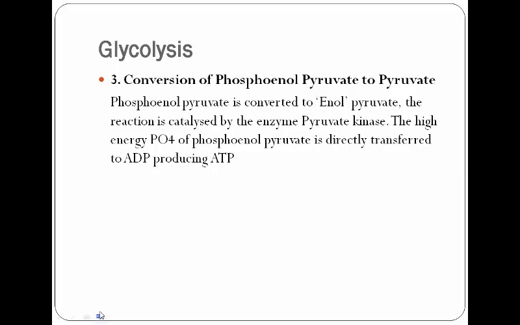Now, as I told you, it is the stage where recovery of phosphate occurs. So phosphoenolpyruvate is then converted to enolpyruvate. This reaction is catalyzed by the enzyme pyruvate kinase, and the high energy phosphate of phosphoenolpyruvate is transferred to adenosine diphosphate, thus ATP is recovered.